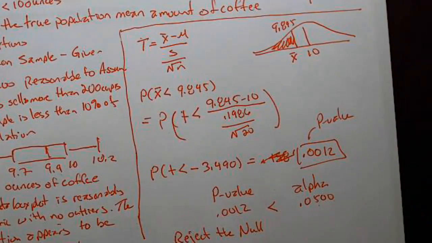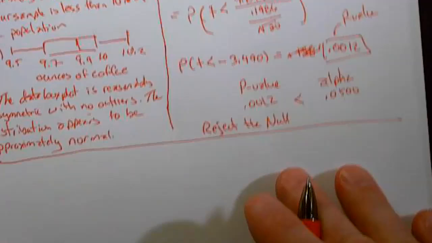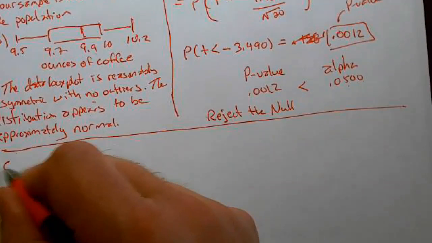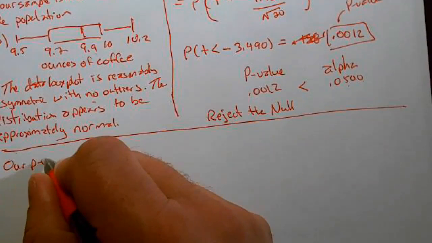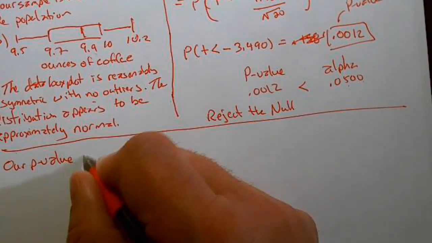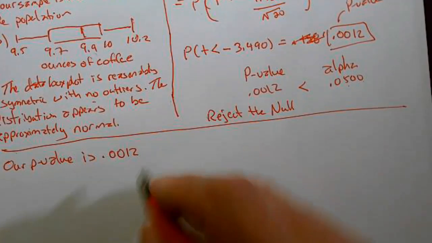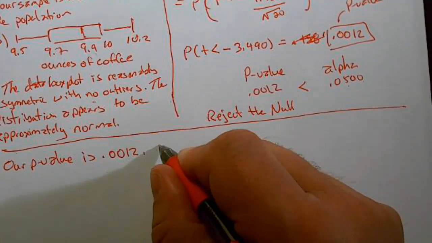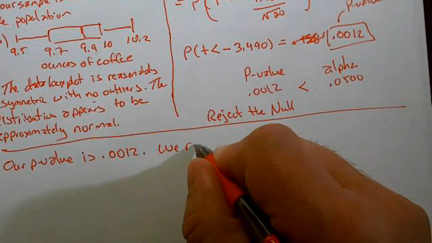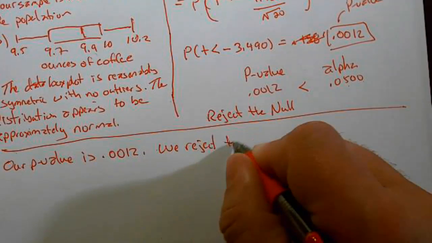So let's write our conclusion out. Our p-value is 0.0012. What did we decide? We reject the null.